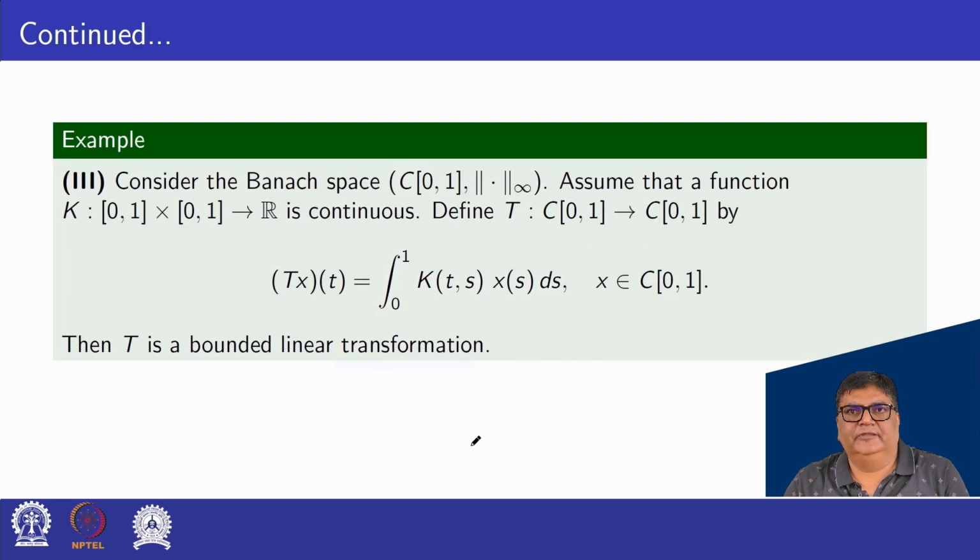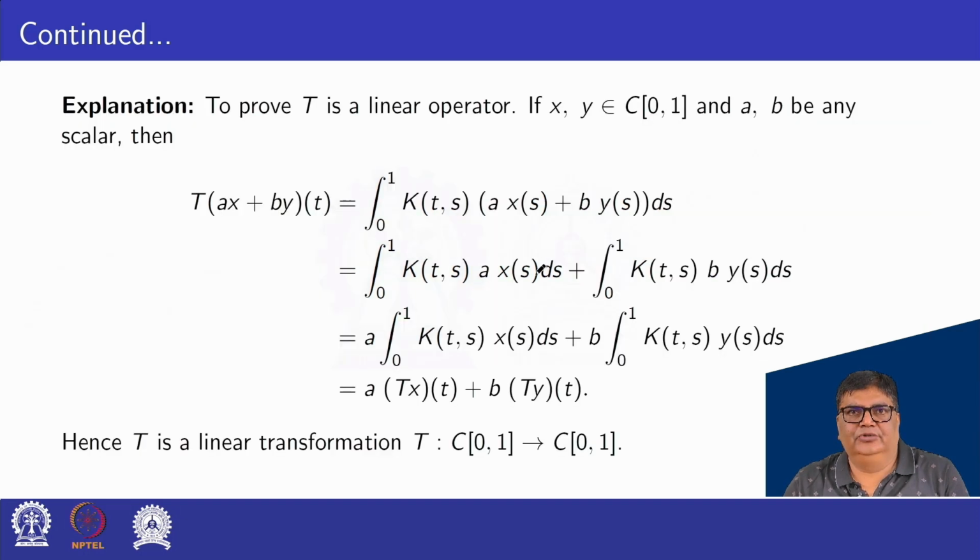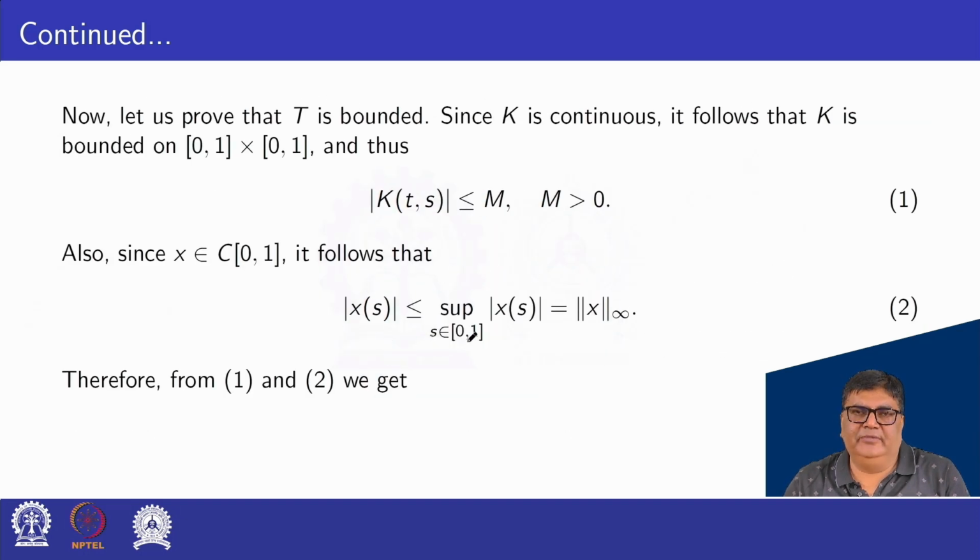Here we defined the mapping T from C[0,1] to C[0,1], so x belongs to C[0,1] with the infinity norm. So we have the supremum of mod x(s) for s belonging to the closed interval [0,1], and as per the statement, we can write this as x under the infinity norm.